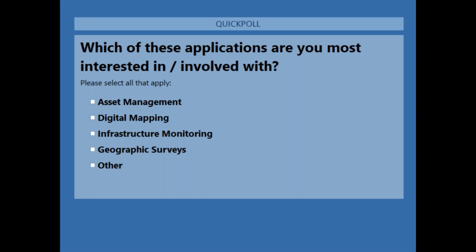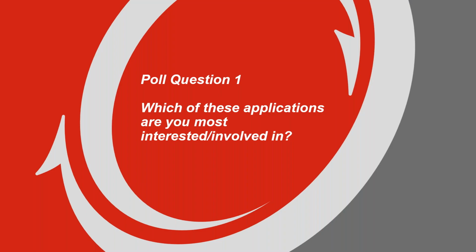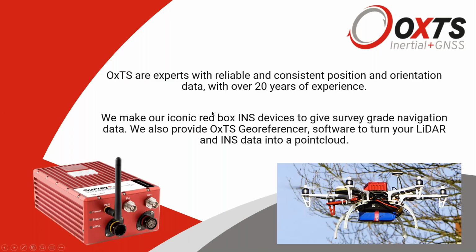Other might be, say, autonomous vehicles, or whatever your other application might be. Okay, thank you everybody. I'll try to tie that in with the presentation as we go along.